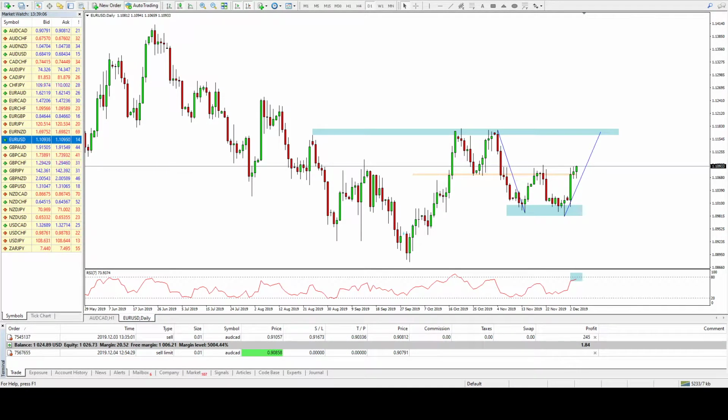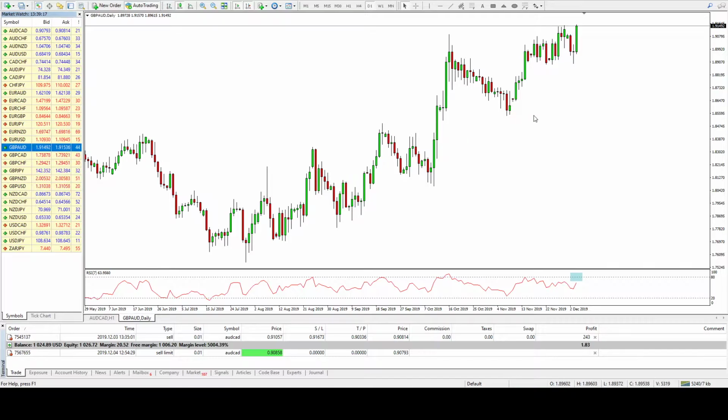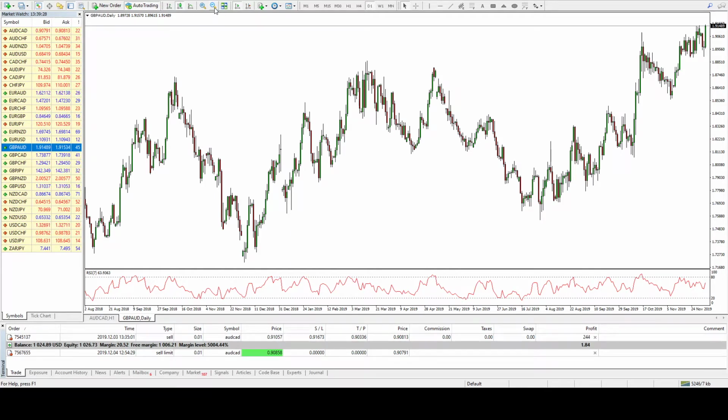We have news coming up, otherwise I would have paid more attention to this, but we'll see what happens with the news and we go from there. Pound Aussie, one of my favorite pairs to trade. I don't see anything here either.